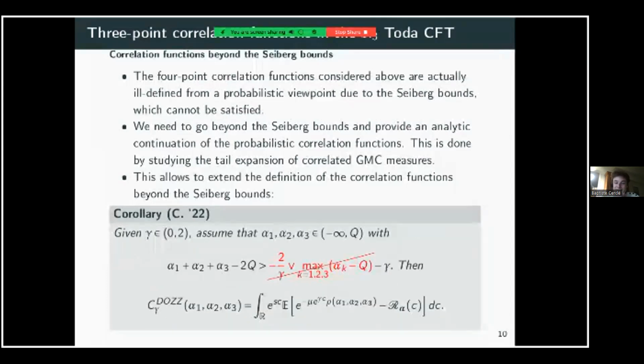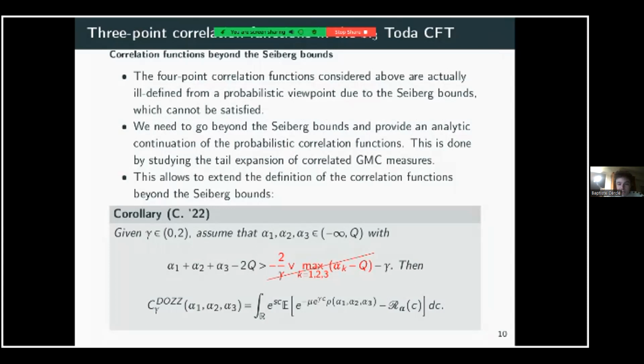And the corollary of this statement is an extension of the range of validity for which the DOZZ formula holds, which is the following. In the paper by Vargas, this DOZZ formula was proved to hold and was expressed in terms of moments of GMC measure.